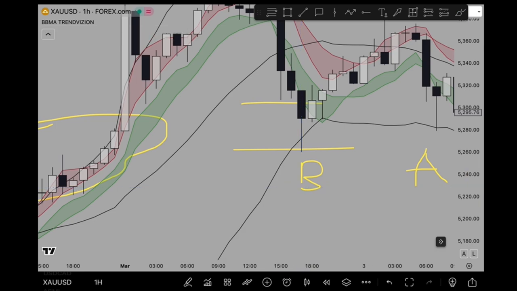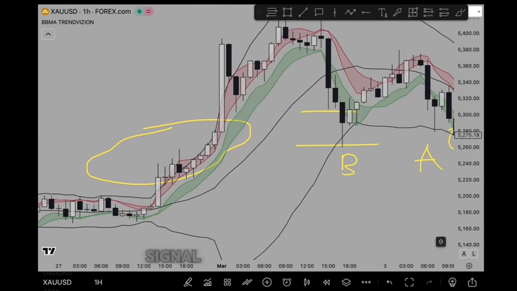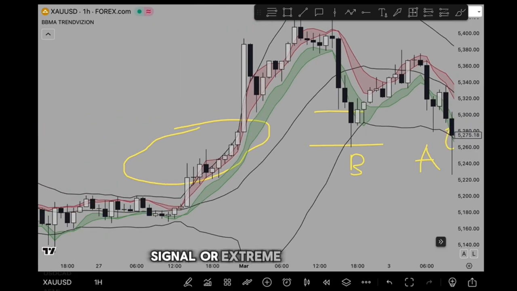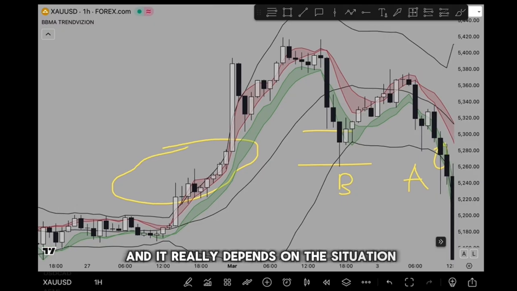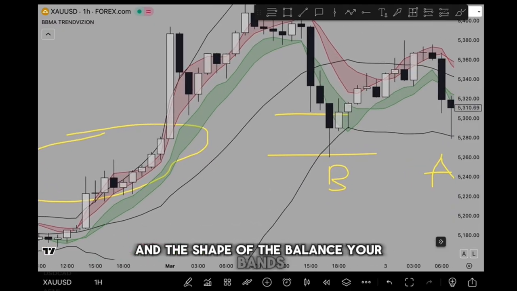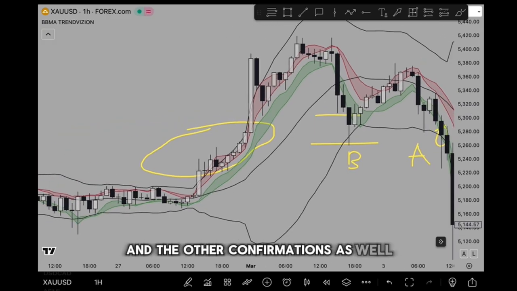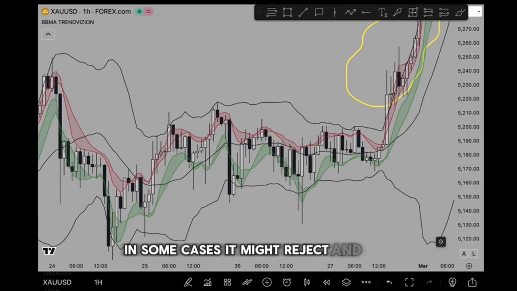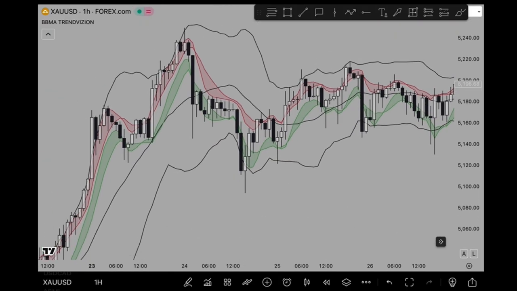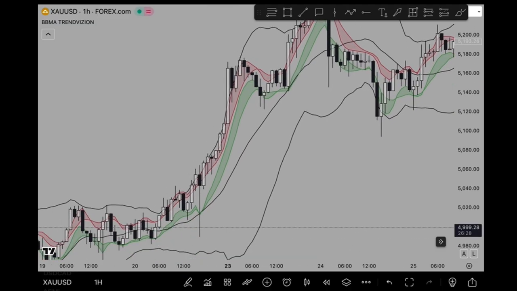Okay. Now in my opinion this is not a very strong signal, or extreme I should say, and it really depends on the situation and the shape of the Bollinger Bands and the other confirmations as well, because in some cases it might reject and just not reverse.